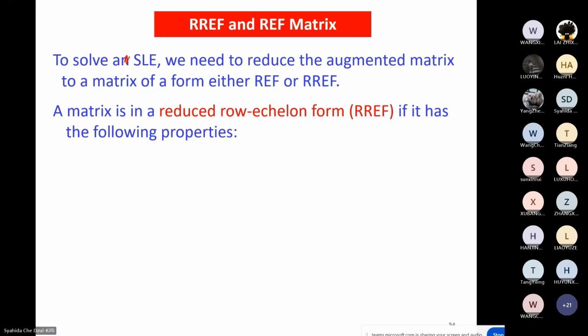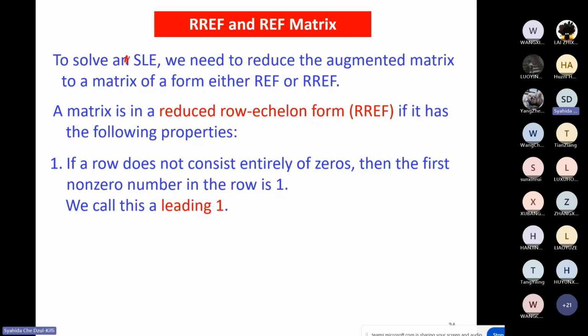Okay. So the first property is, if a row of a matrix does not consist entirely of zeros.